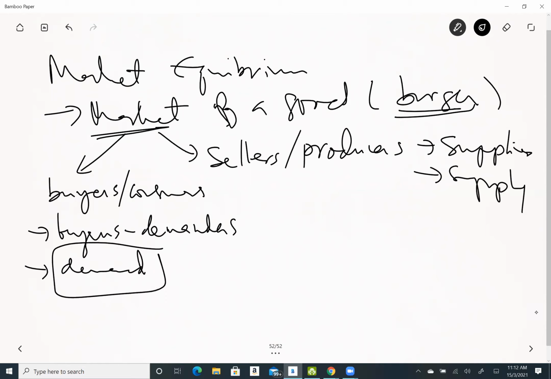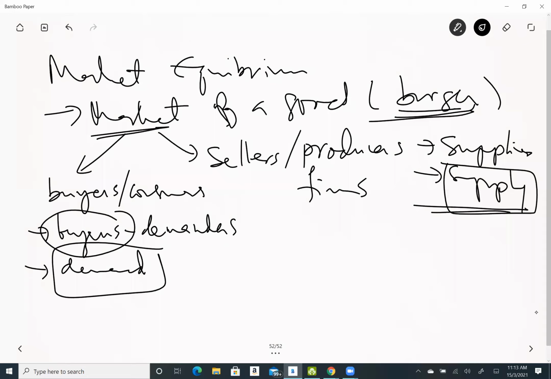So you have the demand function from the consumers or buyers, and the supply function from the sellers, or sometimes you call them firms. The firms that sell the burger supply burgers. And we, as the household consumers, buy the burgers, so we demand burgers.